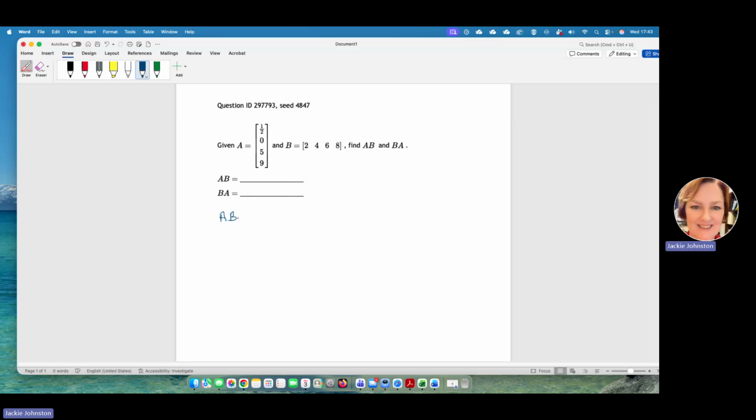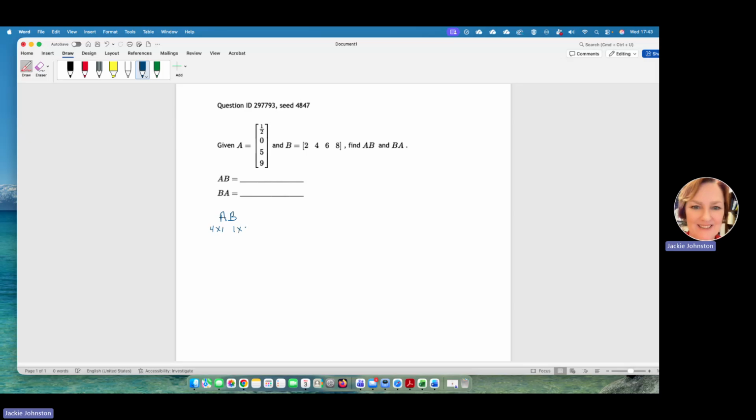So first of all, we have to make sure we can multiply these. So let's look at their sizes or their dimension. A is a 4 by 1, and B is a 1 by 4.